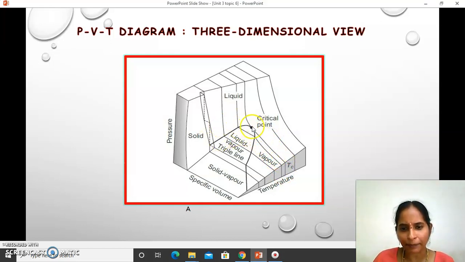And this is the critical pressure. If you draw straight to this critical point and meet it, you will get the critical volume, and pressure is in the vertical direction. So this is the pressure, that is the temperature line, and the corresponding critical pressure line.